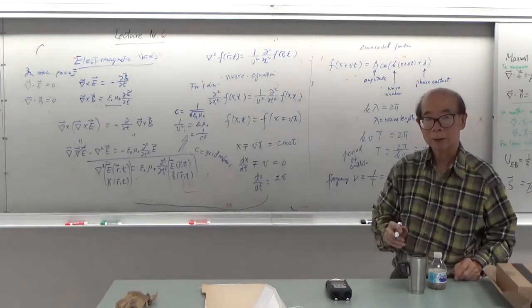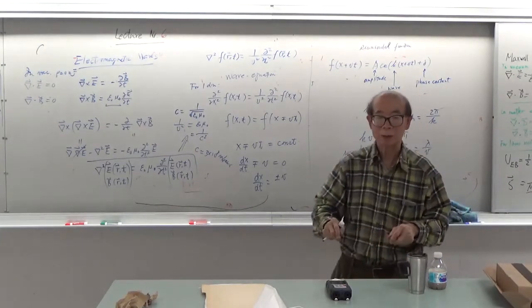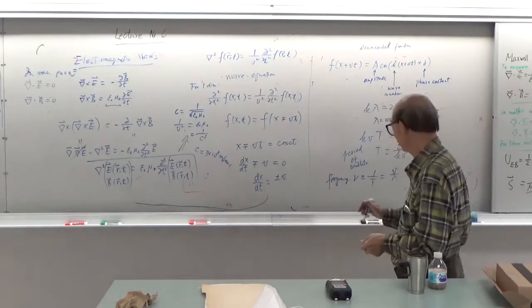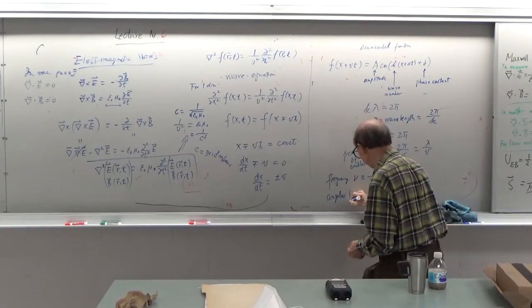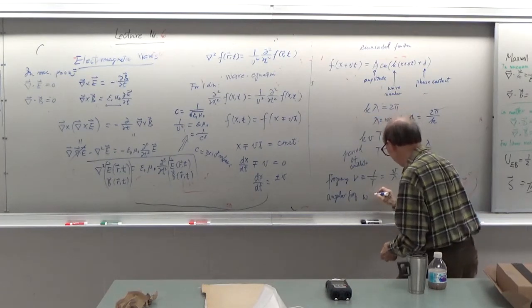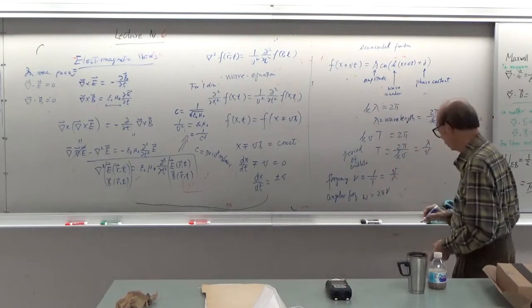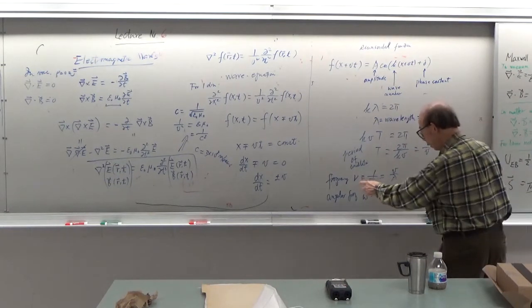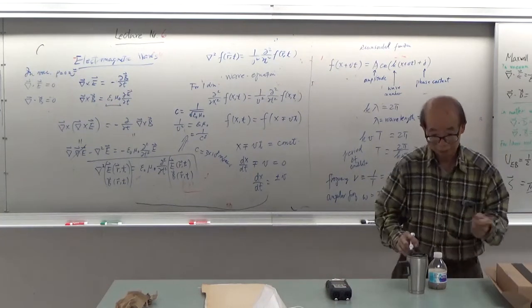Quite often, instead of using the frequency nu, people use the angular frequency, which is denoted by omega. Omega is nothing but 2 pi times the frequency nu. I hope you can tell the difference between my nu, which is frequency, and v, which is the speed of propagation.